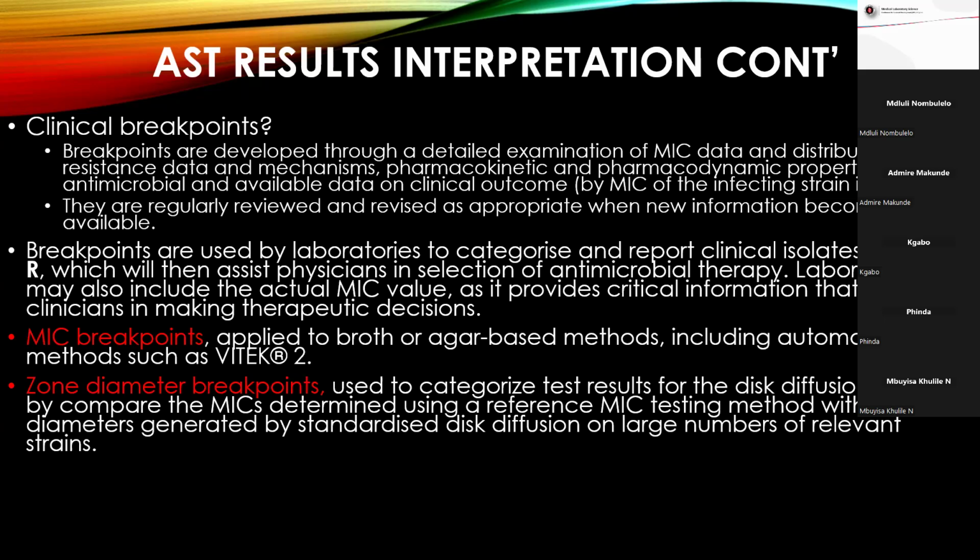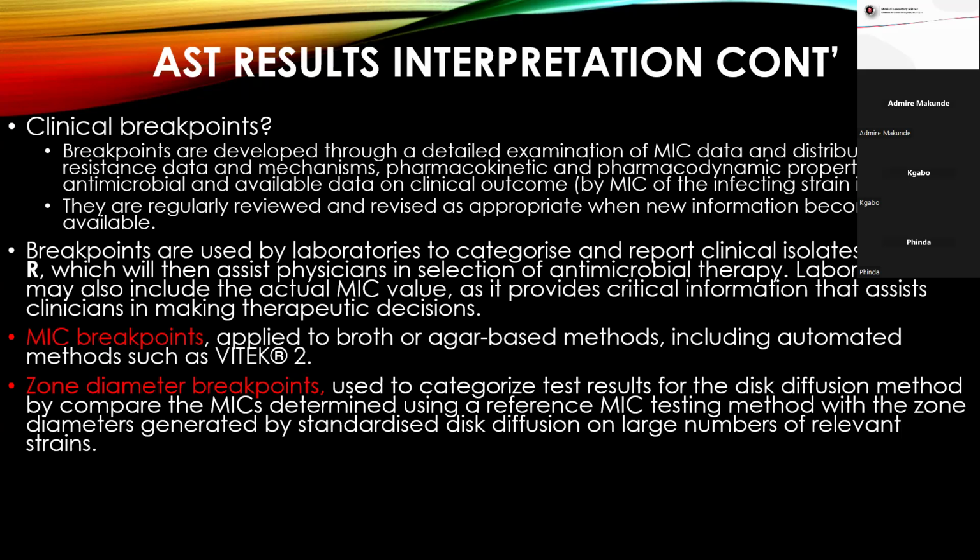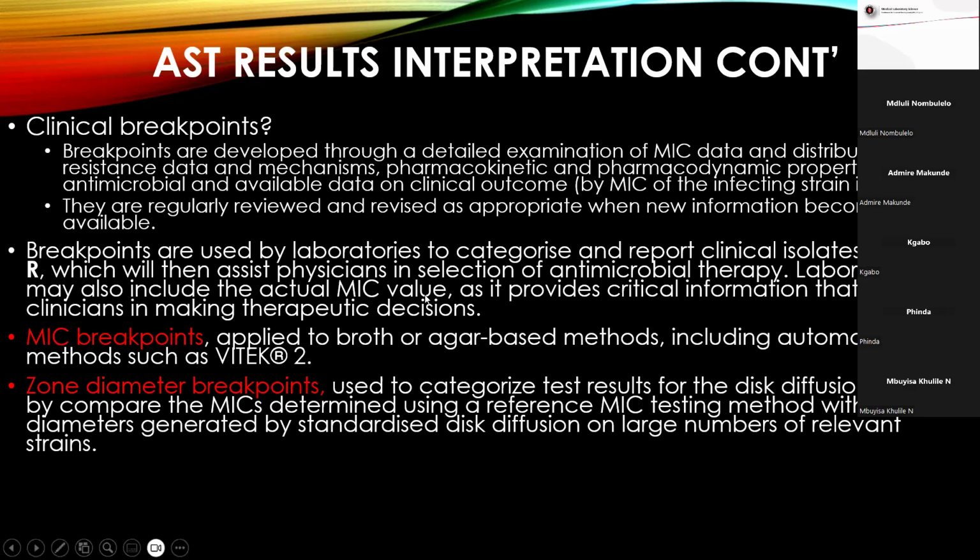One typical example is the Vitek 2, which uses the broth method. Then the zone breaking point is derived from the MIC. So you need to have an MIC for a specific antibiotic. Then that's when you can determine the disc inhibition zone.